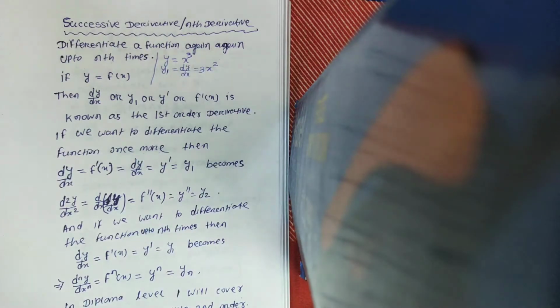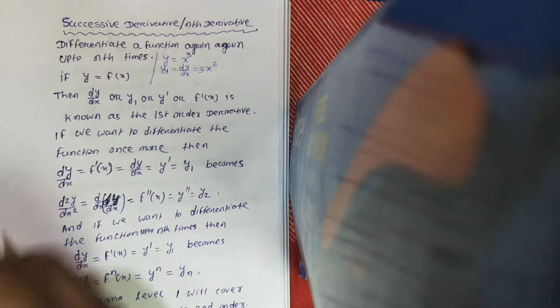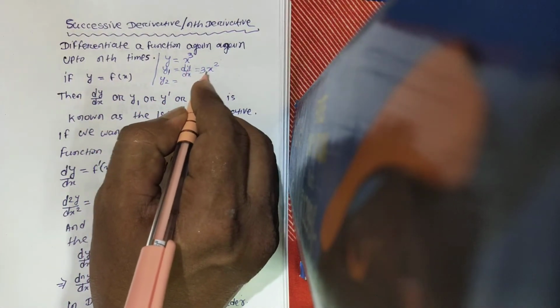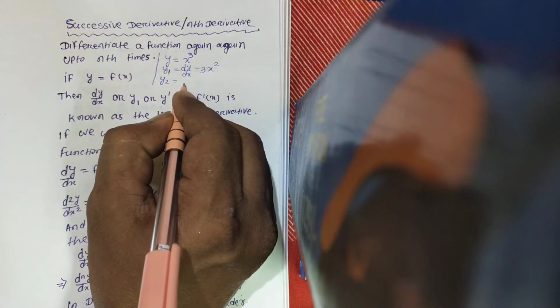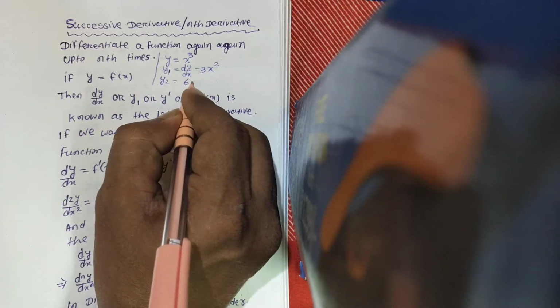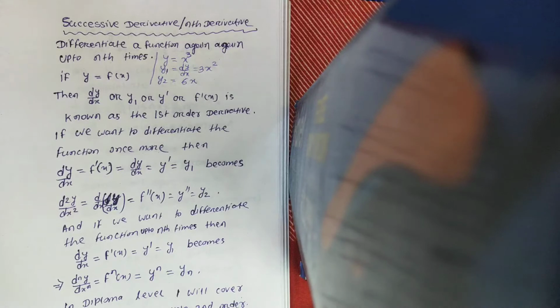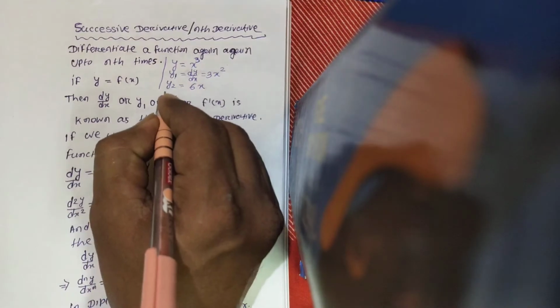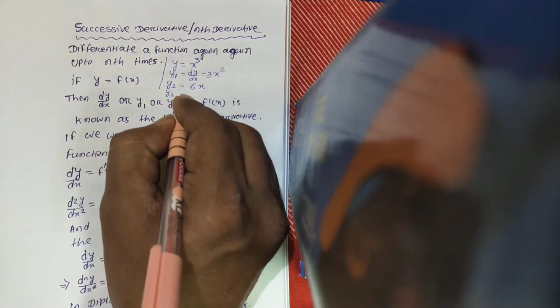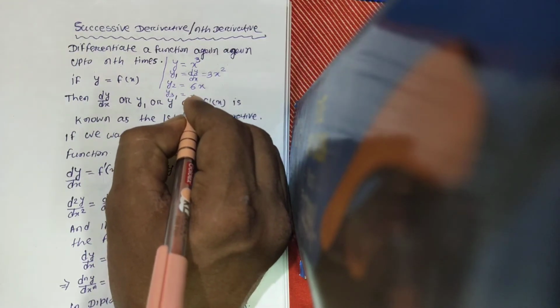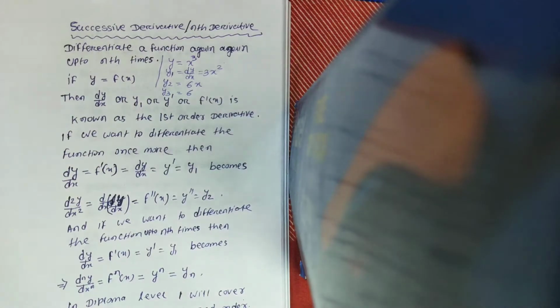Okay, if you again want to find the derivative of y1 with respect to x, that will be y2. And you have to find the derivative of 3x square with respect to x, that will be 6x. If again you have to find the derivative of y2 with respect to x, this will be y3, and the derivative of 6x with respect to x we get 6.